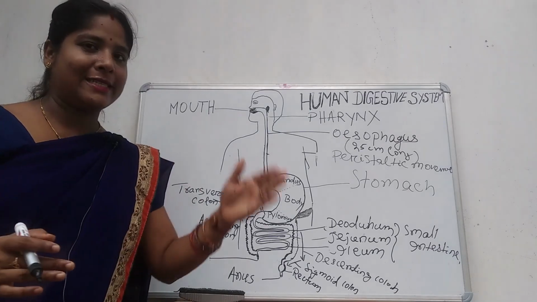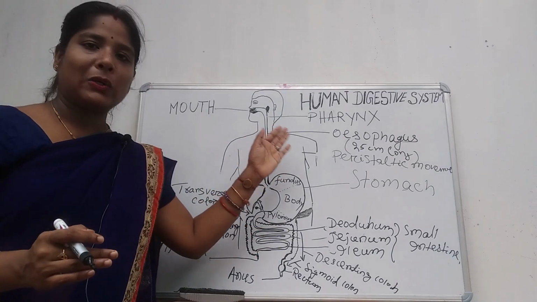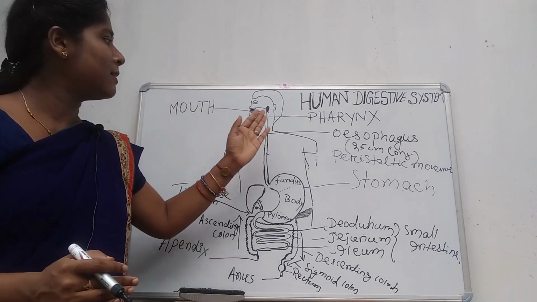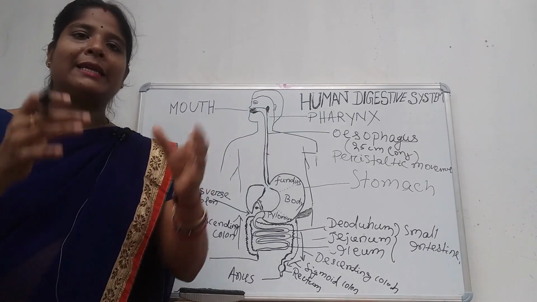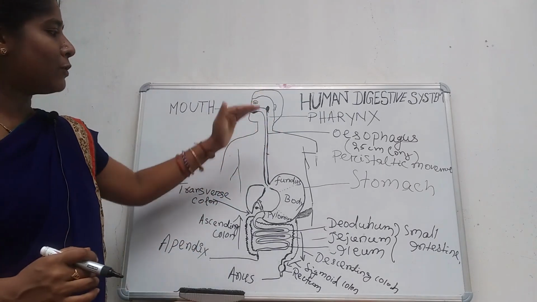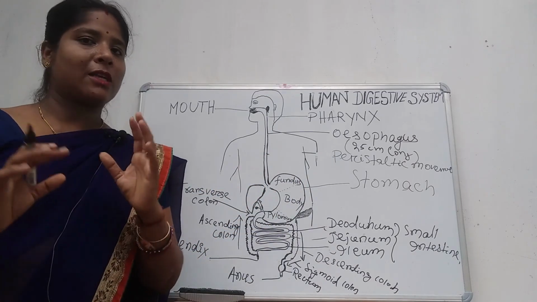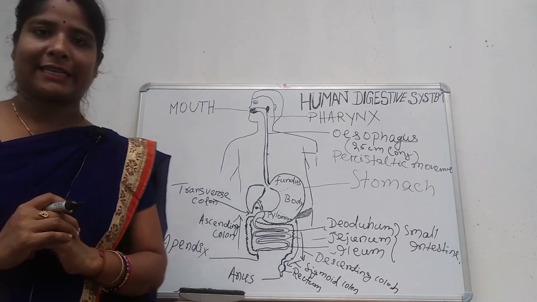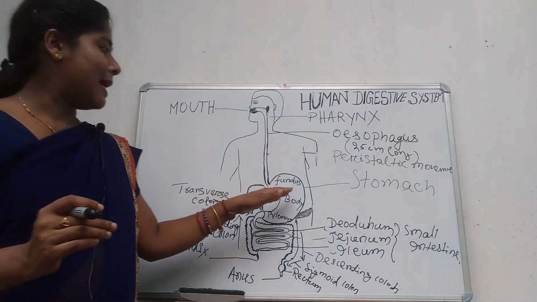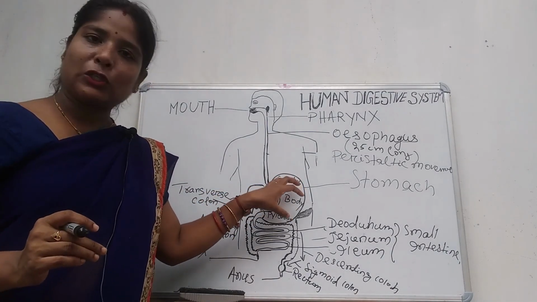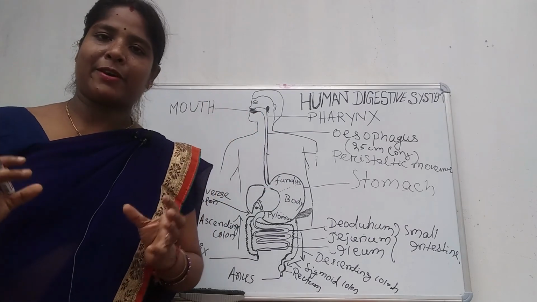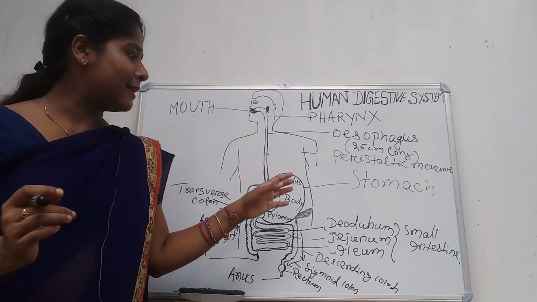No digestion takes place inside the esophagus. Only the food passes from the mouth to the stomach. Inside the mouth, some digestion of carbohydrate takes place. Now the food reaches the stomach. The food will remain for 3 to 4 hours inside the stomach.